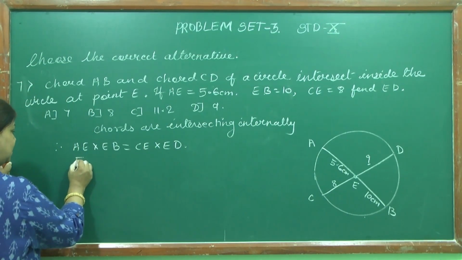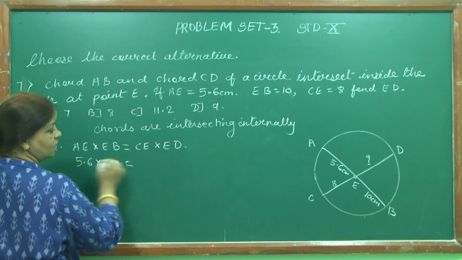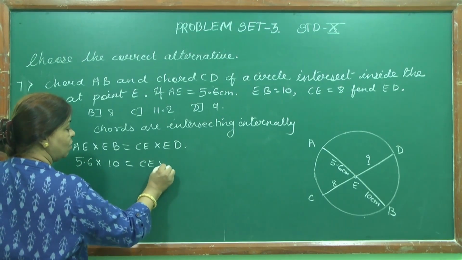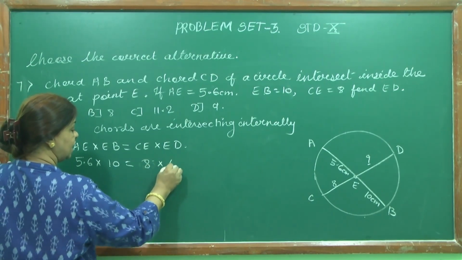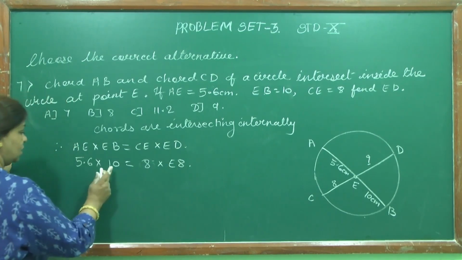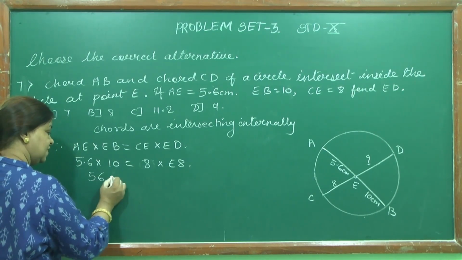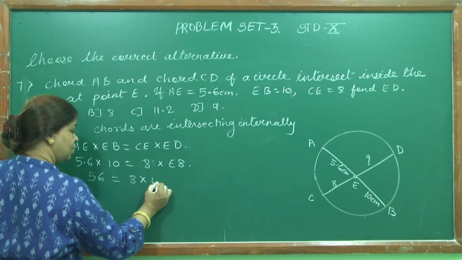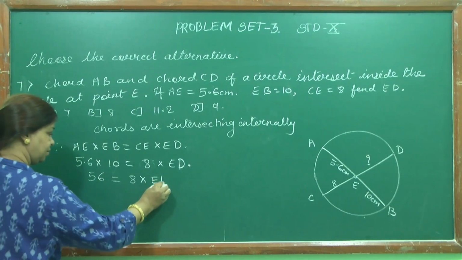AE is 5.6, EB is 10, CE is 8, and ED we need to find out. If I multiply 5.6 with 10, it will be 56 equals 8 into ED.